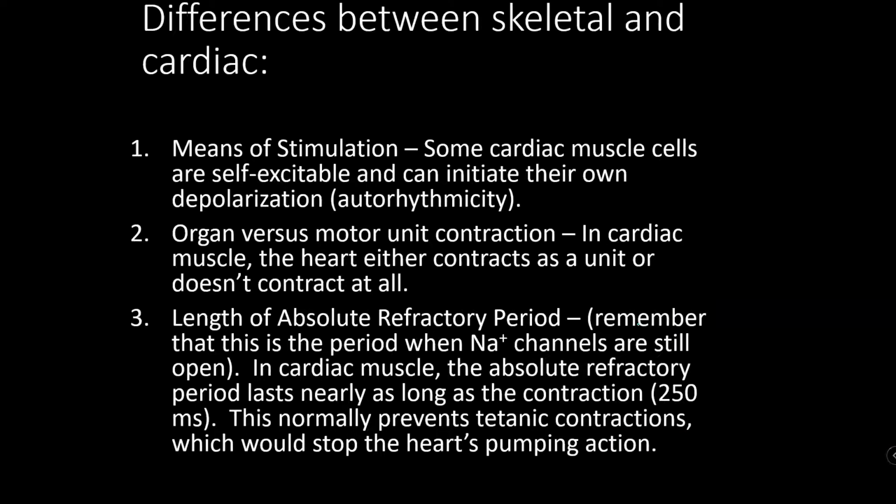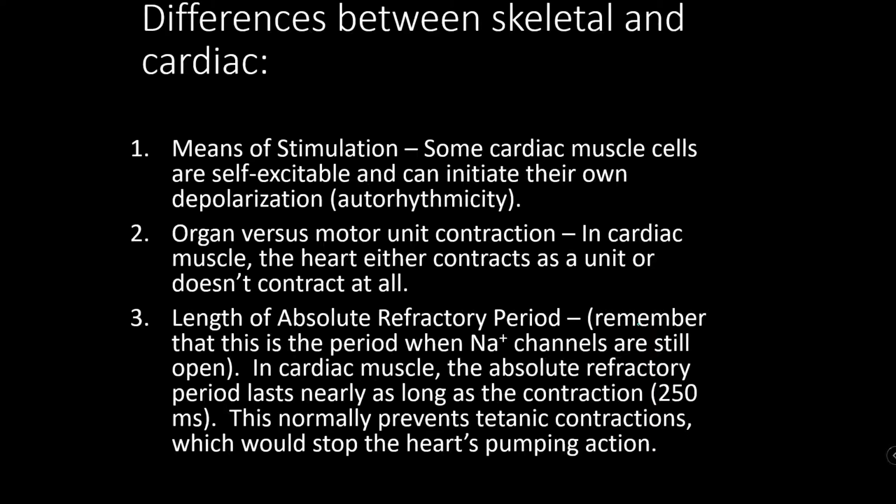Next, what are some of the differences between skeletal muscle and cardiac muscle? So, one, means of stimulation. Already sort of mentioned motor units. Remember that you have somatic motor neurons that would release acetylcholine onto the motor end plate in skeletal muscle to tell a particular cell or a particular group of cells that it was time for them to contract.